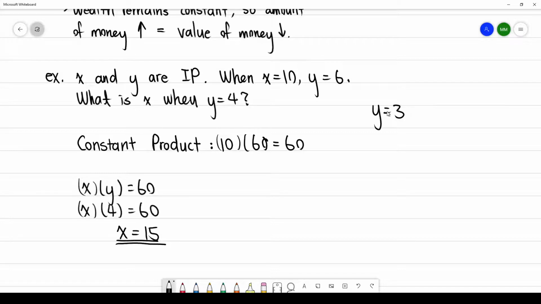Then y is divided by 2. So y is 1/2 of its original value. So when we have 1/2, x will simply double. That is why in proportions, we like to use multiplication and division, because we can say it is how many times of the original value.